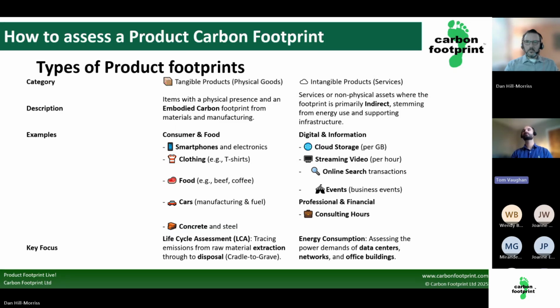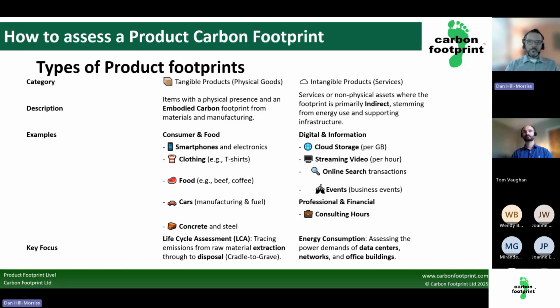It's more indirect, but it's still something you can definitely do. And even financial products, things like loans and mortgages, have factors associated with the emissions tied to the investments, don't they? So even those very intangible, traditional products can be assessed, if not in quite the same way as the physical products would be.